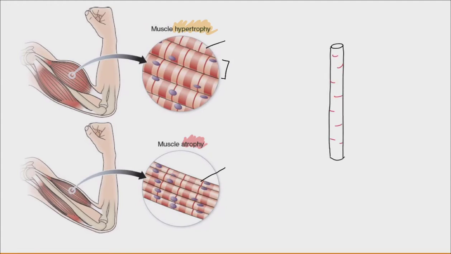During hypertrophy, the individual myofibrils that are inside here are going to get bigger. And what that's going to do is take the individual muscle fiber, and I'm exaggerating here, and make it much bigger. So the individual myofibrils are getting bigger.